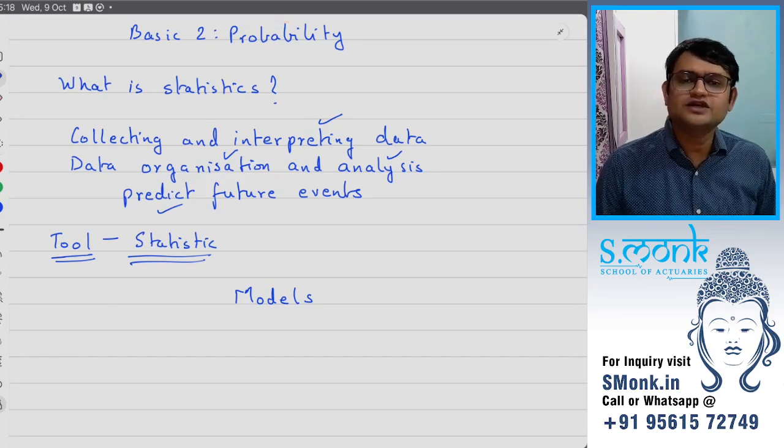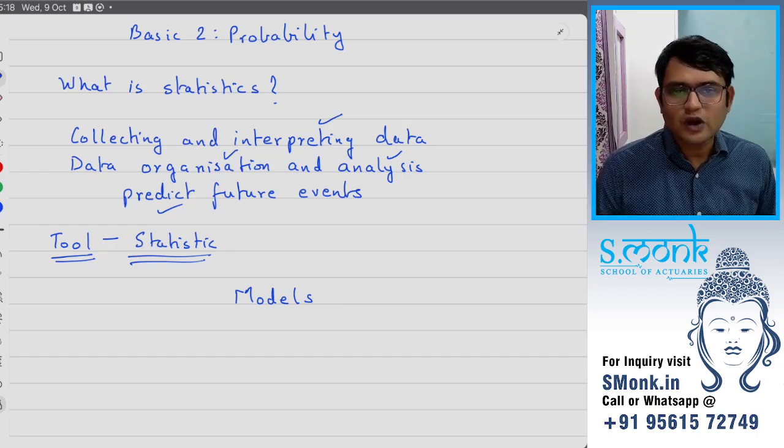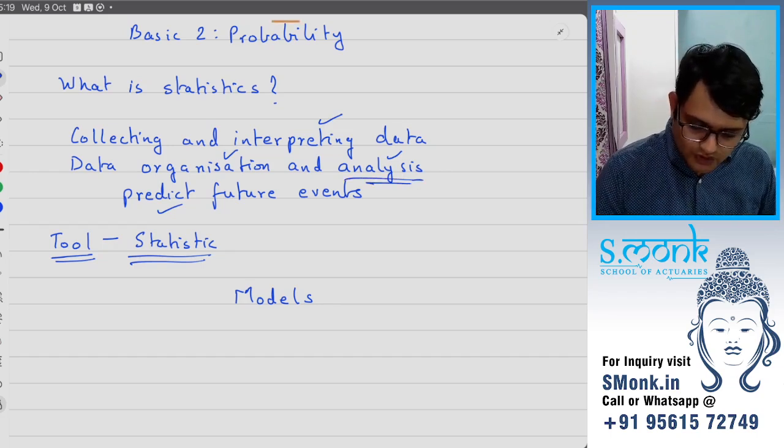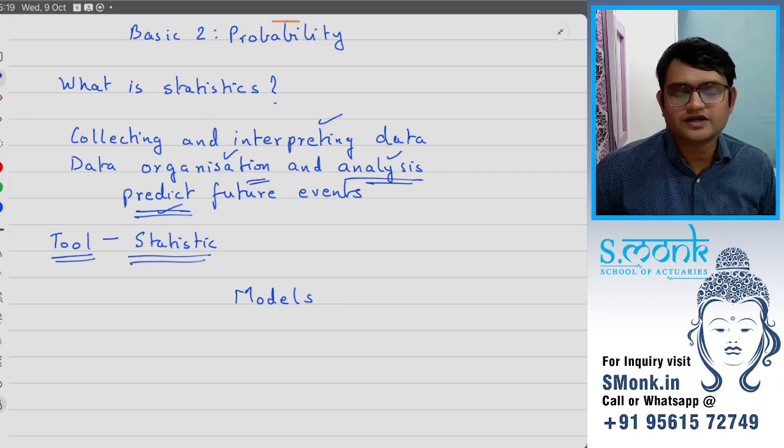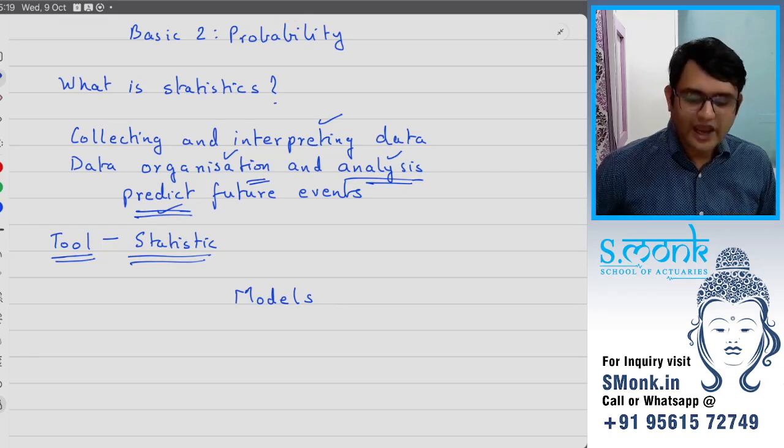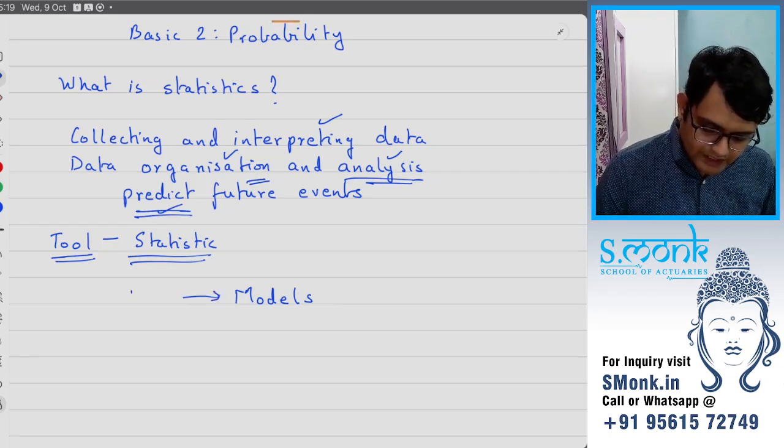Model is nothing but simply like a machine. You input something and you get output out of it. So your outputs are going to be some form of either analysis or some kind of a prediction or maybe organized table or something like that. Okay, that would be your output. And your input is going to be data.